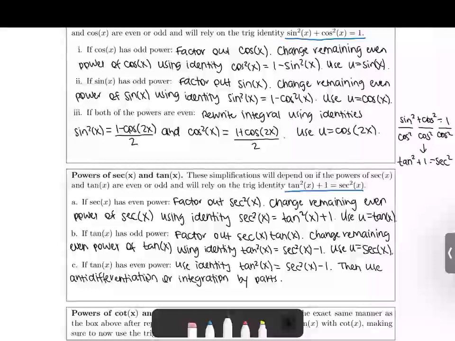So if we have a tangent that's even, we're just immediately going to change that entire integrand to secant. And once that entire integrand is secant, we can either immediately take an antiderivative. So for example, the antiderivative of secant squared is tangent. Or if we have a higher power of secant, we're going to need to use integration by parts.